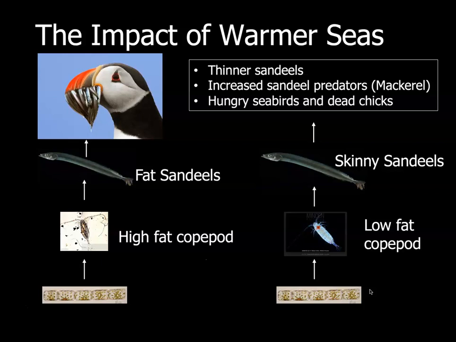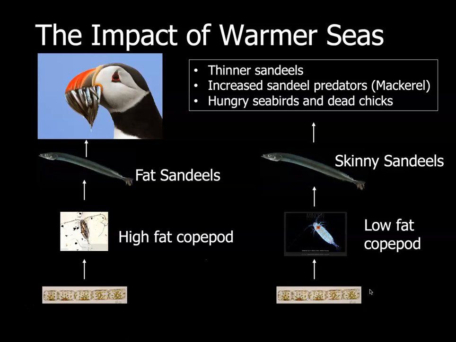Because when our low-fat copepod is fed on by sand eels, they don't gain the weight that is needed to provide enough energy for those chicks to grow up and fledge.